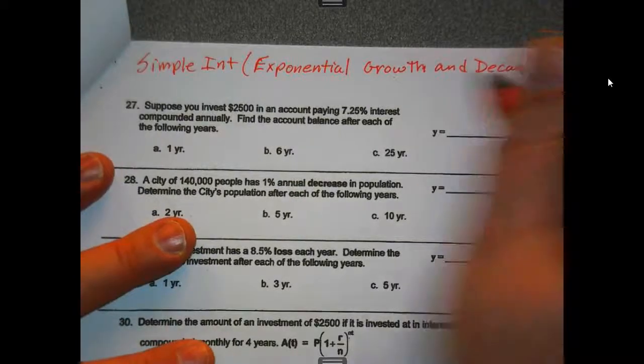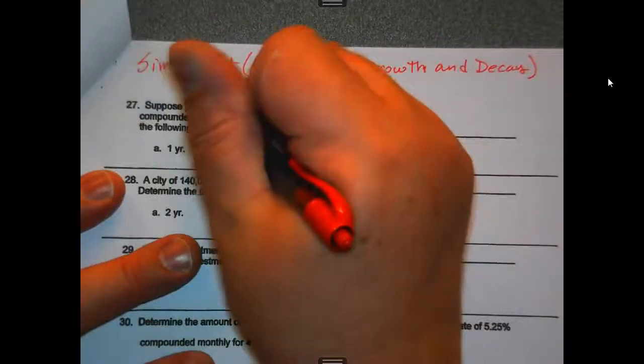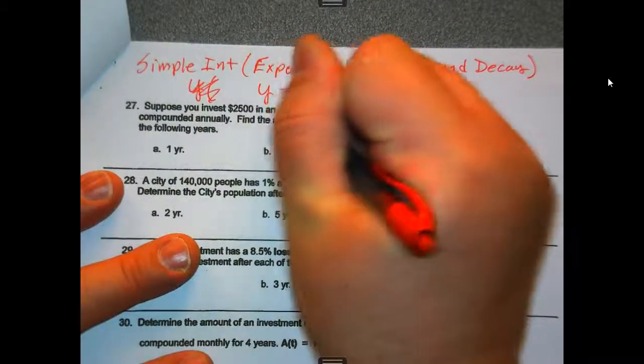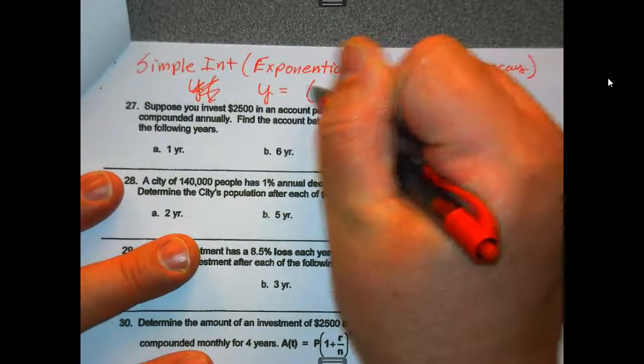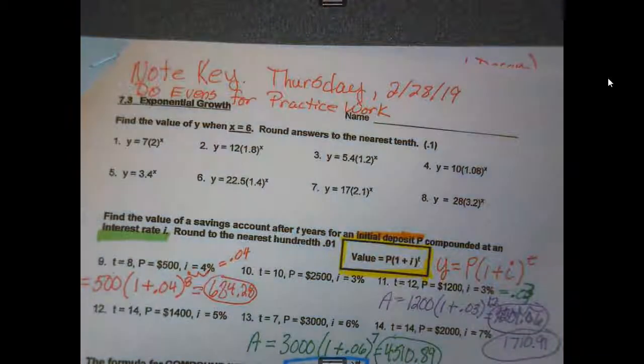Well, the formula for simple interest or exponential growth and decay was y equals the principal amount, or did we use a? We used principal.